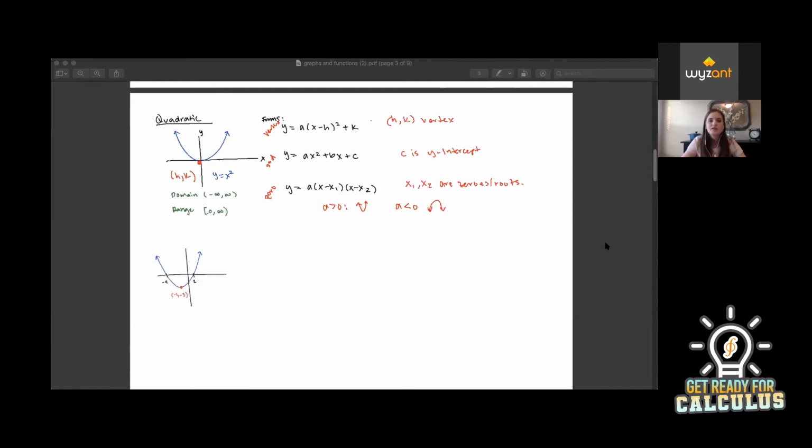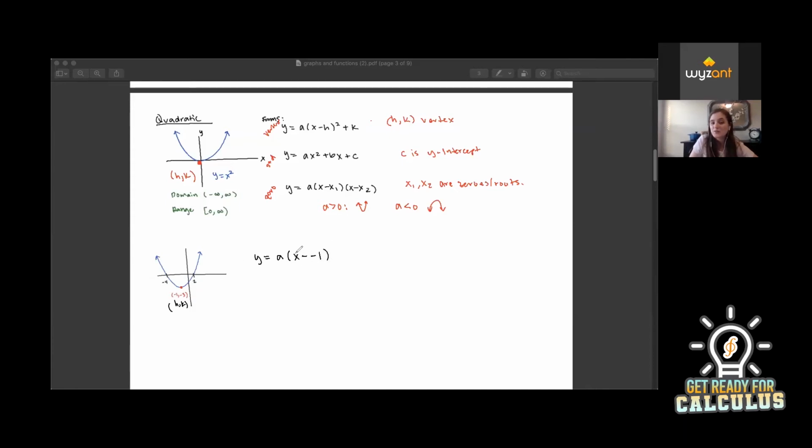Okay, so let's write out what we know from this graph into the vertex or the zero form. For the vertex form, we have our vertex, we have our (h, k) here, so we can just plug that in. So we have y equals a(x minus h), so minus -1 is our h.